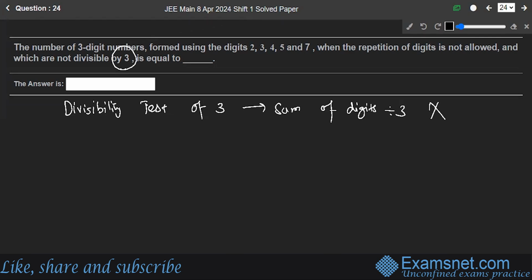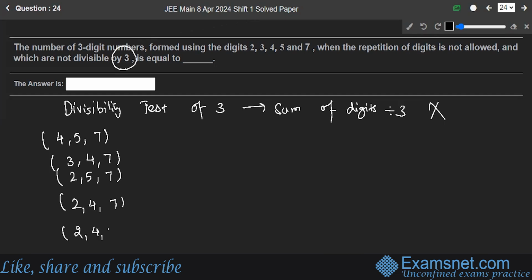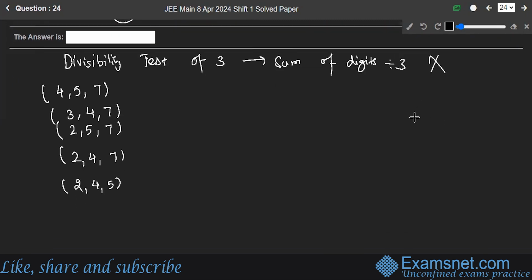So the total number of 3 digit numbers which are not divisible by 3, if I look at them, these sets will be 457, 347, 257, 247, 245, and 235.